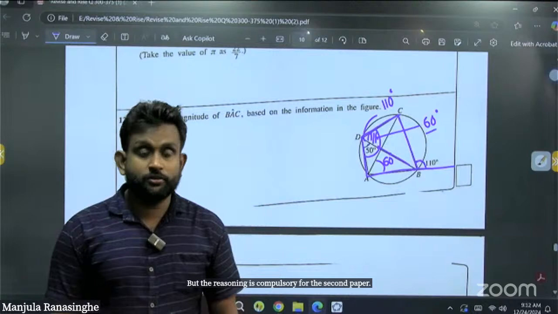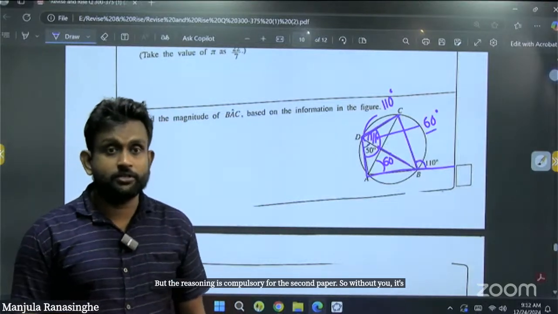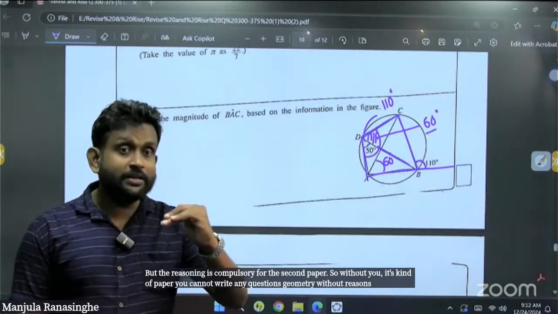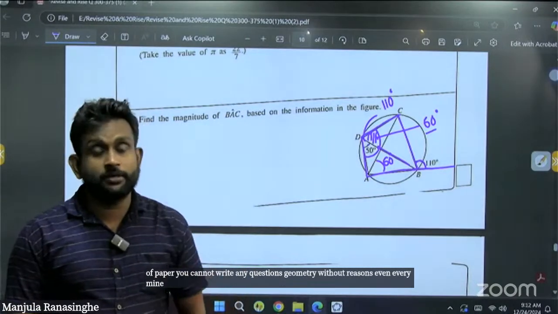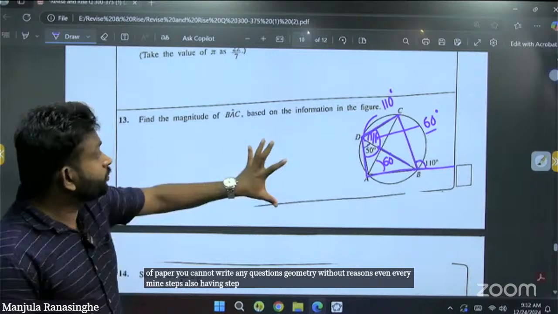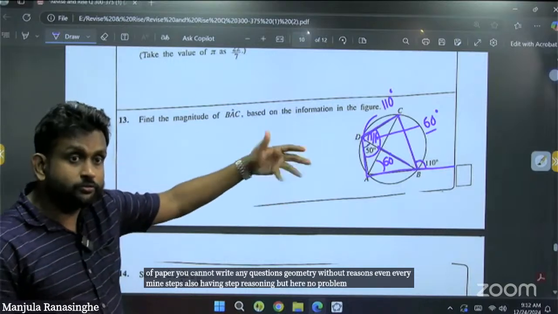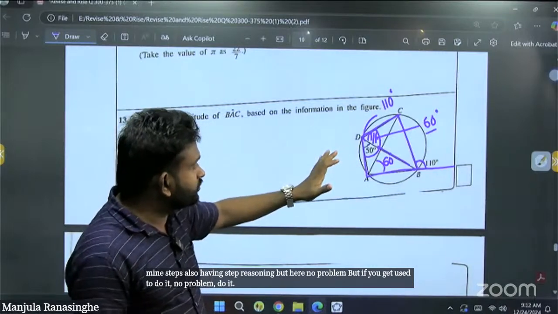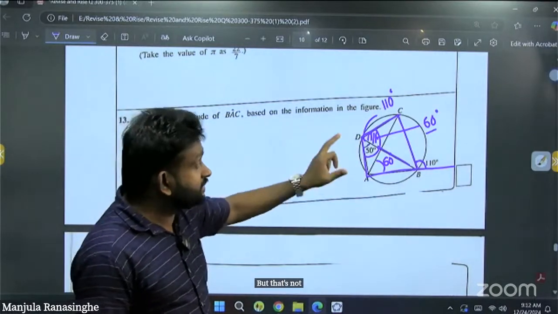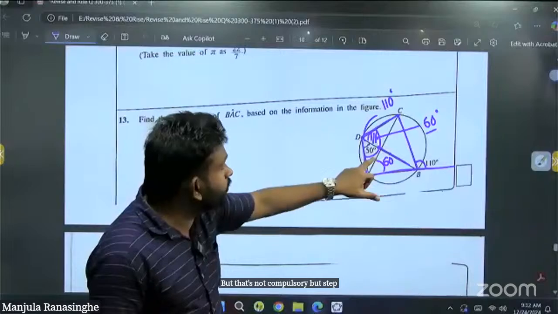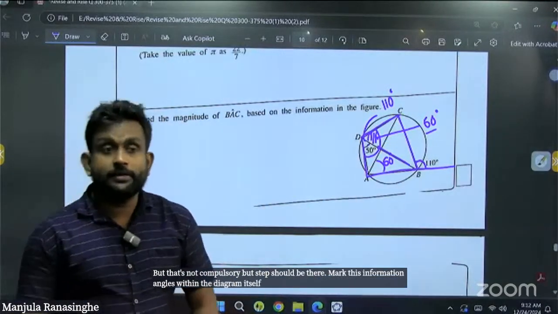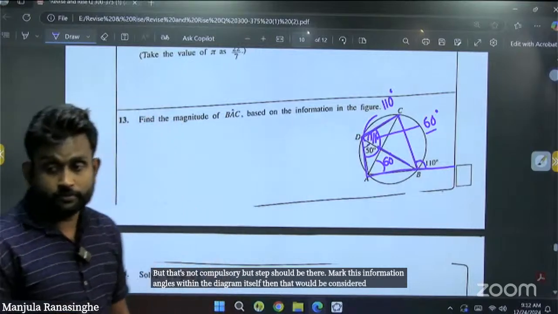In the second paper, we cannot write any geometry question without reasons, every step having its reasoning. But here, it is not compulsory; if you get used to doing it, do it. But steps should be there. Mark these angles within the diagram itself, then that would be considered as the steps.